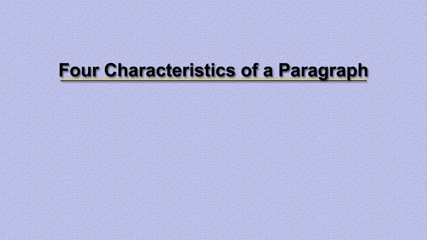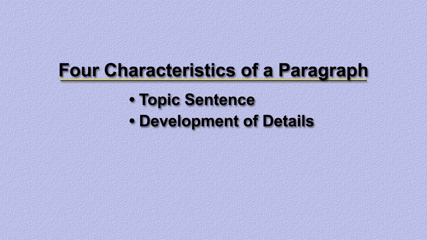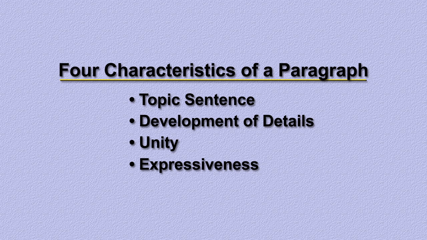In addition to this central principle for a paragraph, there are 4 characteristics of a well-written paragraph. A paragraph must have a topic sentence, it must have sufficient development of details, it must have unity, and it must have expressiveness.